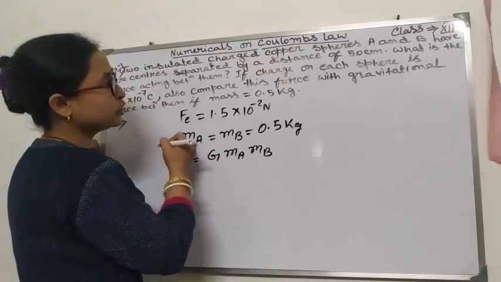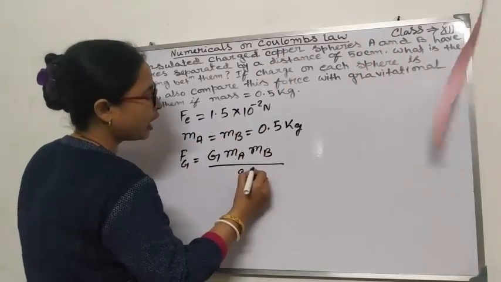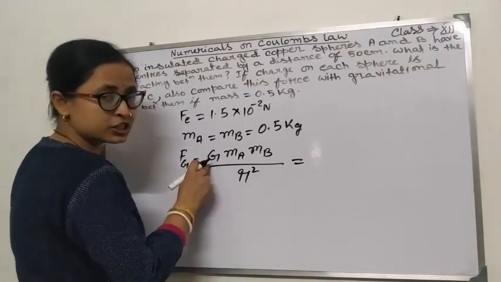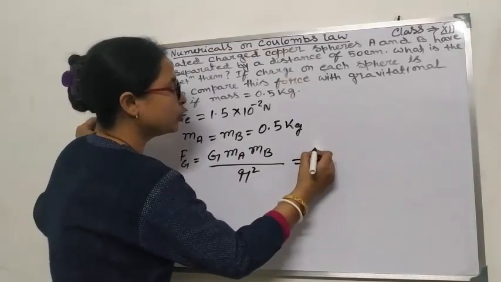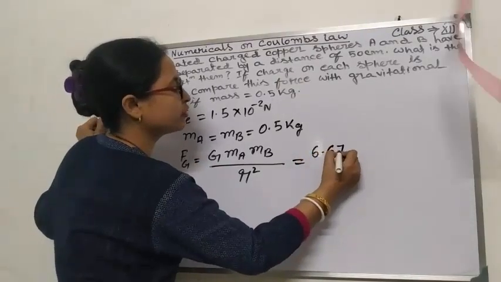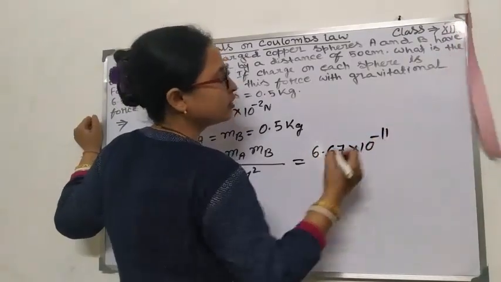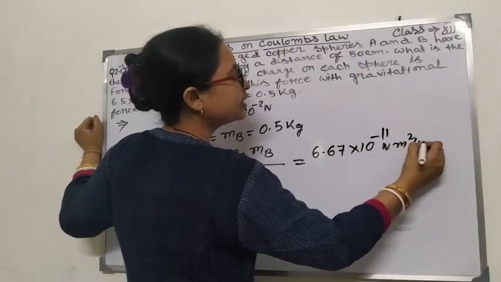Here we have taken two spheres, Ma and Mb, that's why. Divided by R square. What is G? G is the universal gravitational constant. The value of G is 6.67 into 10 to the power minus 11 Newton meter square per kg square.